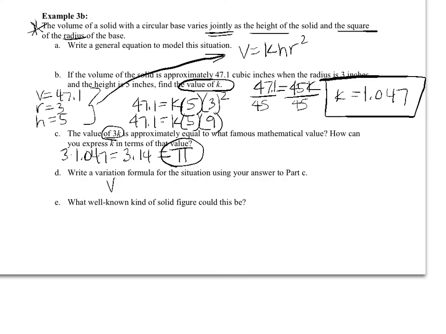So we could say volume equals k, which we know as 1/3 pi, because 3k is pi, so 1/3 of pi would be k, times h times r squared. Or we can rearrange it a little more and go volume equals 1/3 pi r squared h. And we know that, part E, what well-known kind of solid figure could this be? That is the volume of a cone.